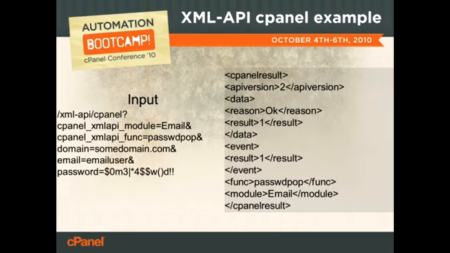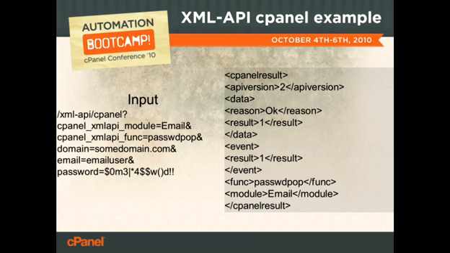So this is the XML-API cPanel call. On the left, we have the input, which is XML-API/cPanel, which is used for defining what XML-API call we want to call. When you're working from the cPanel interface, the only call you'll ever want to call. Then we have cPanel underscore XML-API underscore module, which defines the module we're calling, in this case email.